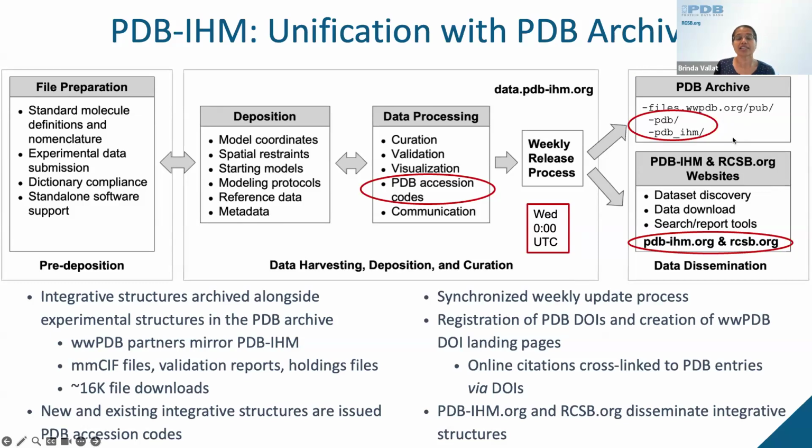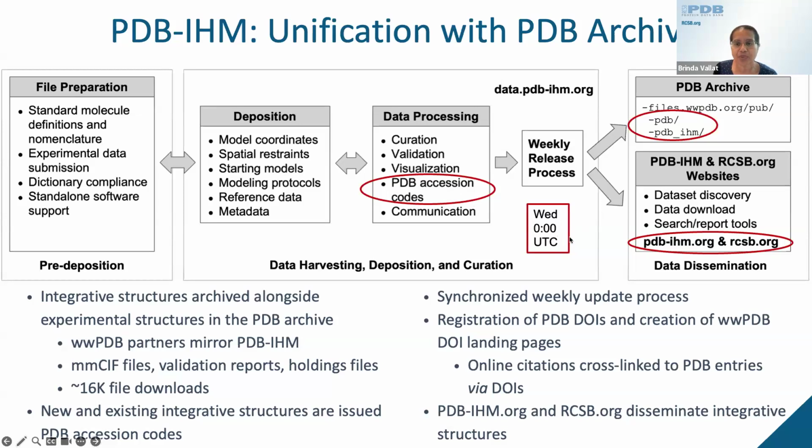The repository contents include the mmCIF files, validation reports, and additional holdings files similar to what you can find in the core PDB archive. The PDB-IHM directory is mirrored by the wwPDB partners. Most importantly, we now issue PDB accession codes for new structures, as well as already released structures, which have also been issued PDB accession codes.